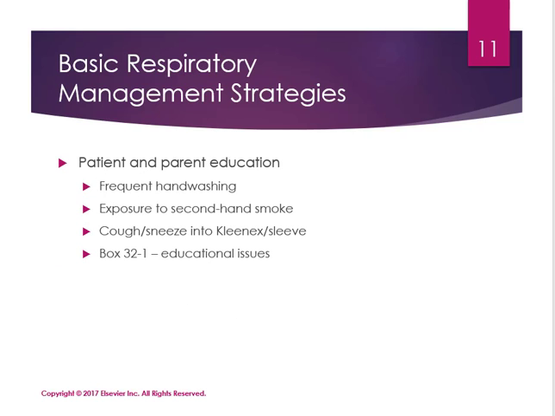Other management strategies include frequent hand washing, monitoring for exposure to secondhand smoke, and coughing into the elbow or into a Kleenex. And if you review box 32-1 in the book on page 798, key characteristics of cough, common causes and questions to ask during a pediatric history, it gives some good information to include in your pediatric assessment and things to ask parents about.